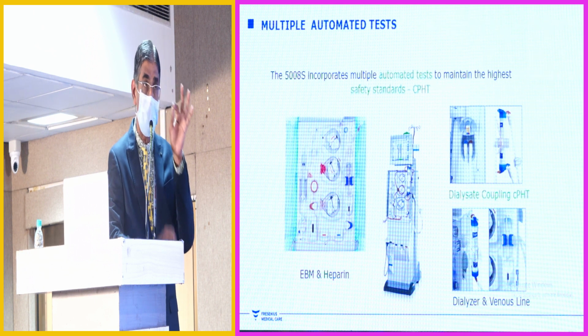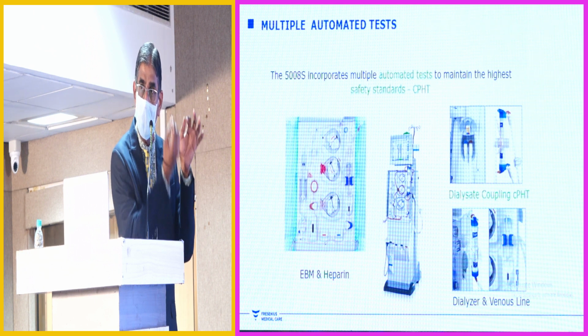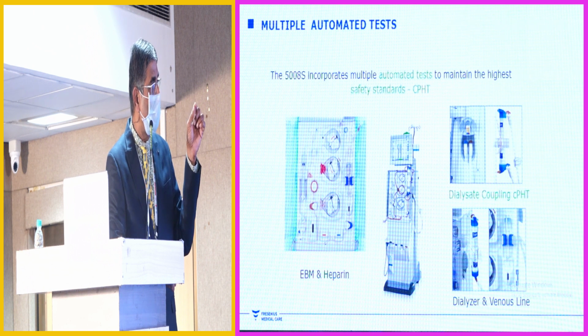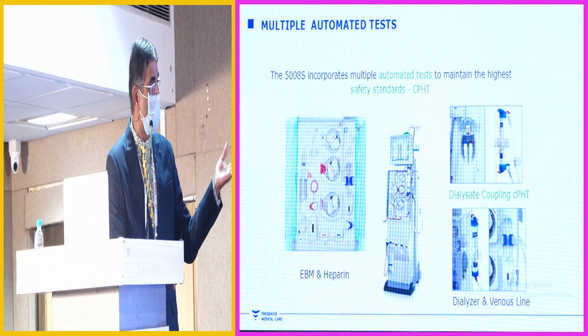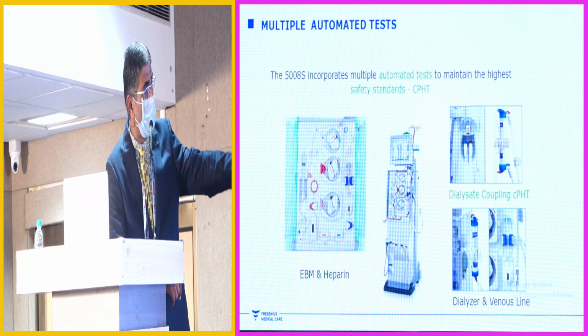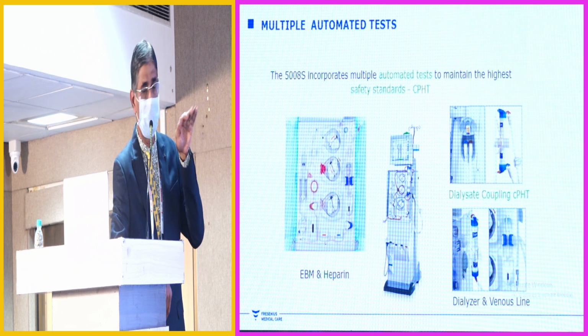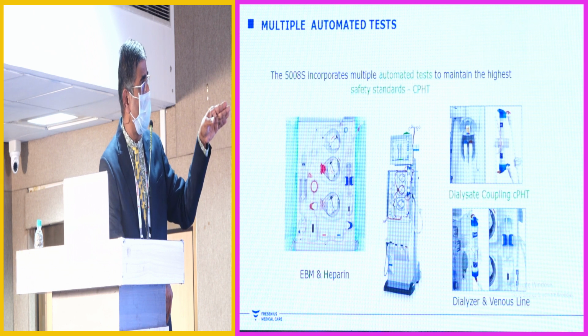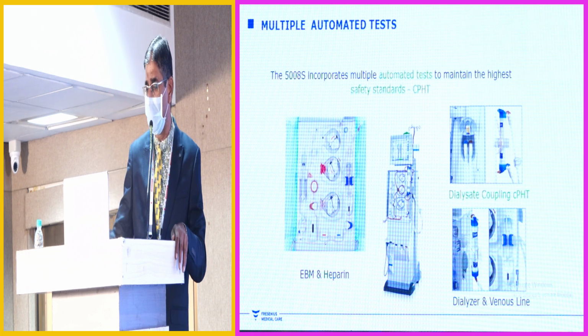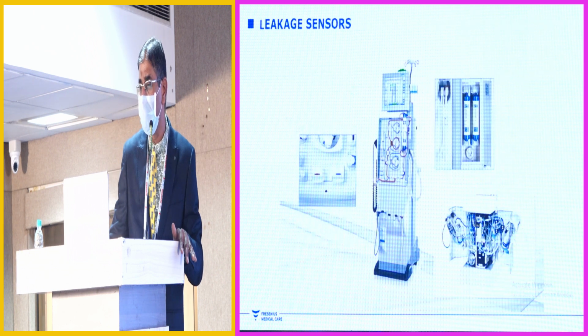Sometimes when they are priming, it would have crept drop by drop, and that is the reason it will give you a hydraulics leak, or just below where they keep the disinfectant. There also you can see the leak, and then it will trigger the cyclic pressure holding test. Sometimes you can see the failure.